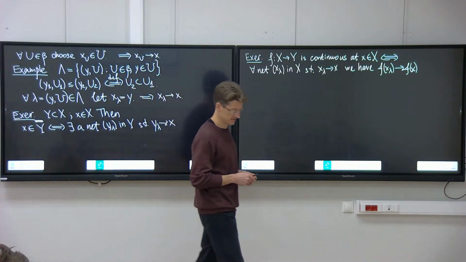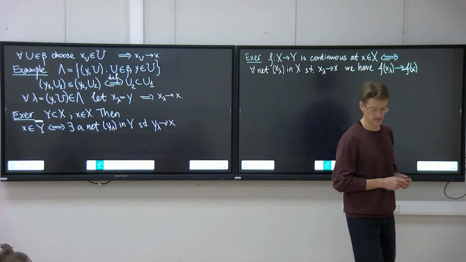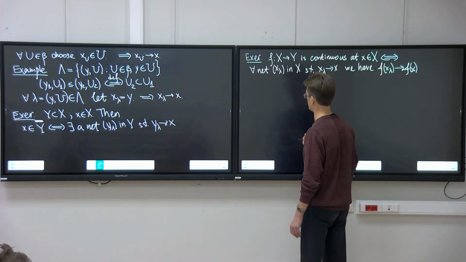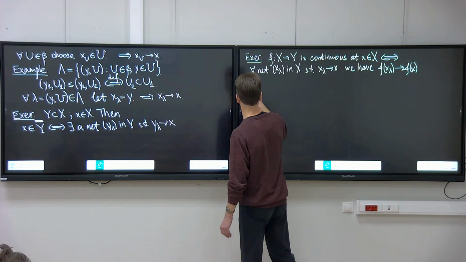The notion of compactness can also be conveniently stated in terms of nets. So let's first give the following definition.